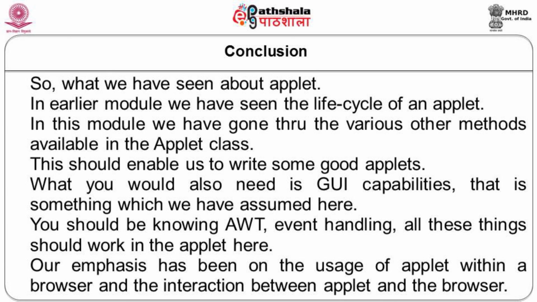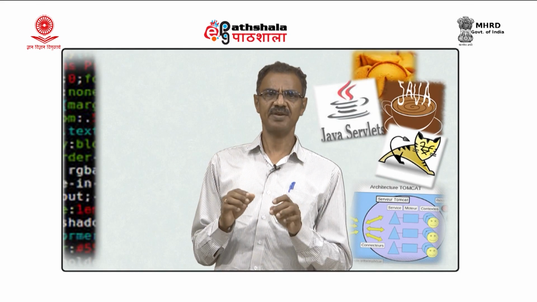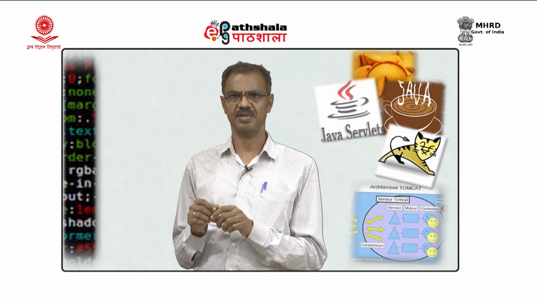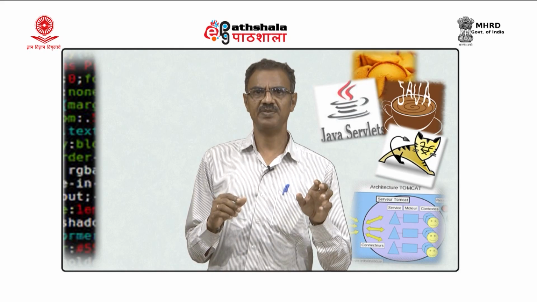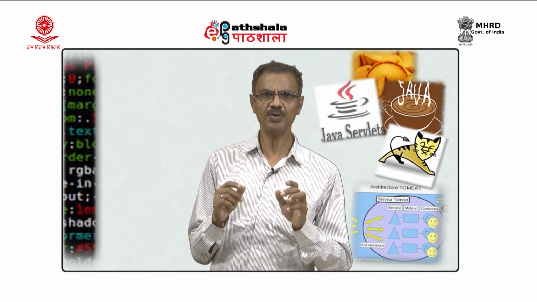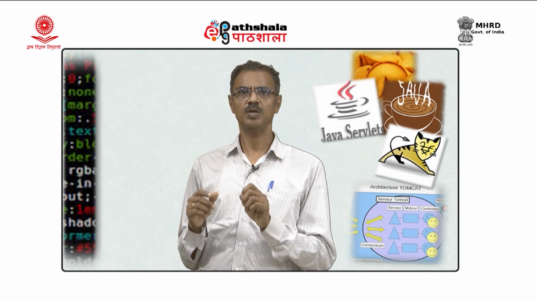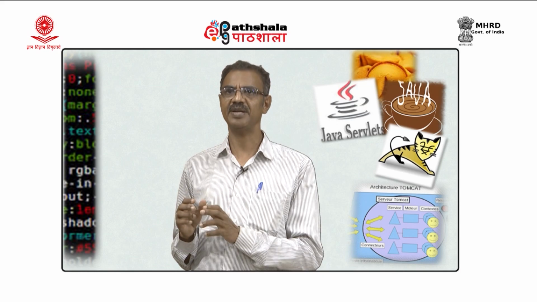Our discussion here has been more on the usage of an applet by the browser, and the interaction that takes place between the browser and the applet. So in summary, what we have seen about applets: in the earlier module, we have seen the life cycle of an applet. In this module, we have gone through the various other methods available in the applet class.